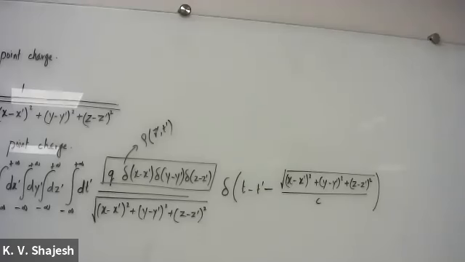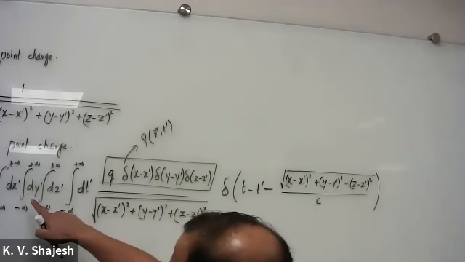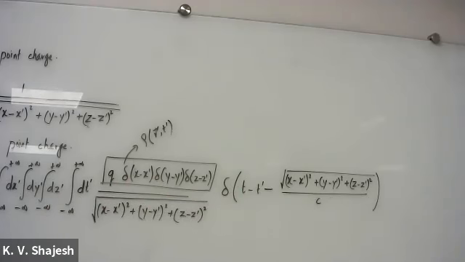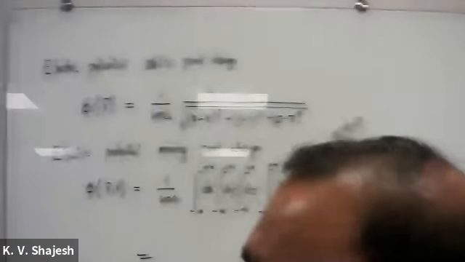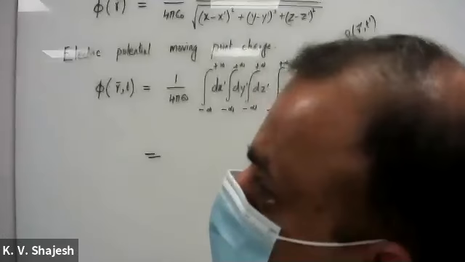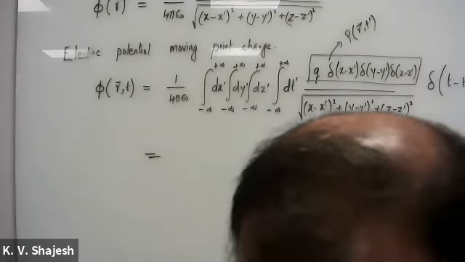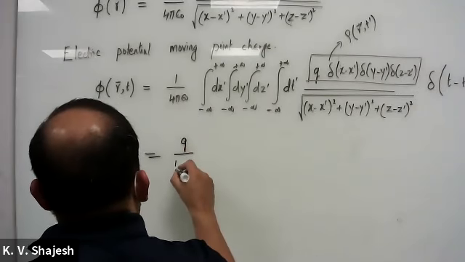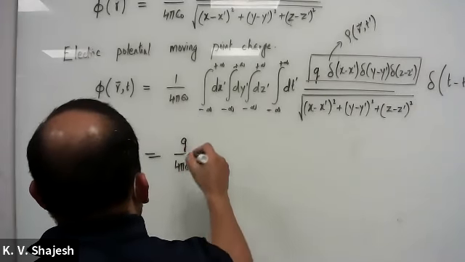Okay, so if we were to evaluate these three integrals, let's do that immediately. We get q over 4 pi epsilon naught.